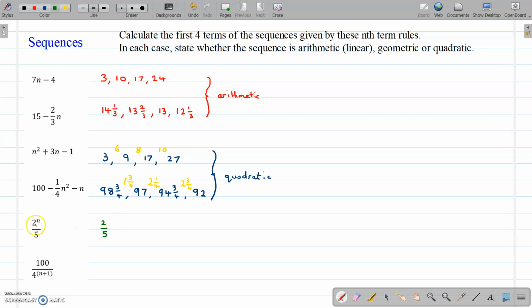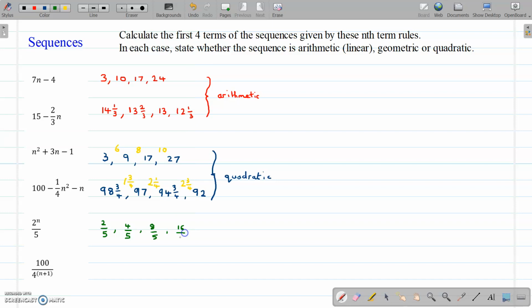The second term, when n is 2, well, 2 to the power of 2 is 4, so it's 4/5. The third term is 2 to the power of 3, which is 8, 2 cubed, so it's 8/5. And the next term is 2 to the power of 4, which is 16, and it's 16/5.